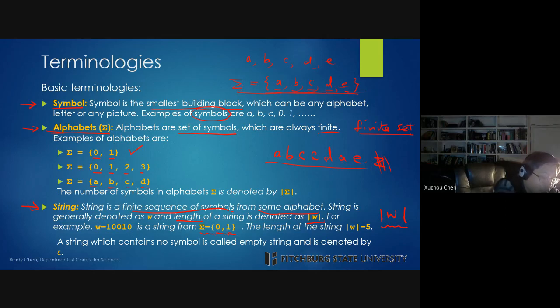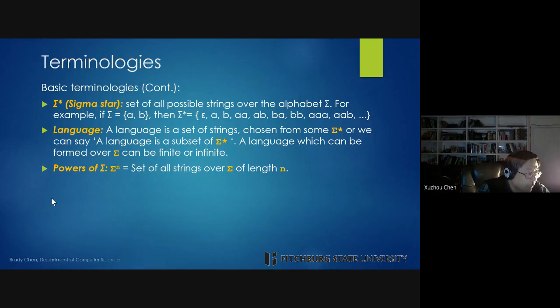Using a combination of these two symbols, we create a string of 5 digits, 10010. That's a string. What's the length of the string? It's 5. That's the terminology we will use throughout this section. Let's continue.